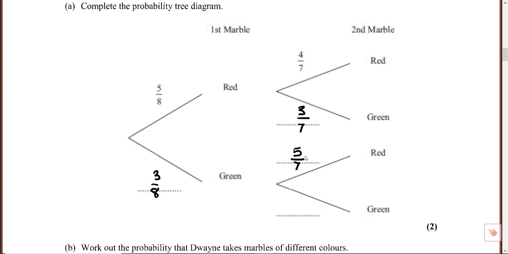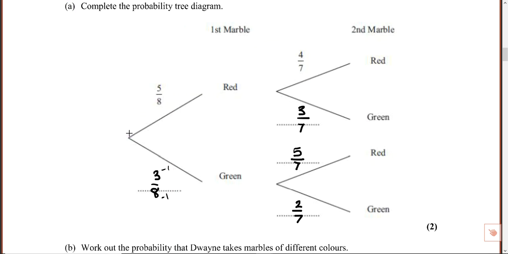Okay? Bradley? You got how many greens, Bradley? 2 out of 7. Because I took a green, so I have to take one away from the amount of green, that gives me the 2. I have to take one away from the 8, gives me the 7. Okay? So you can see the routes that have been affected.